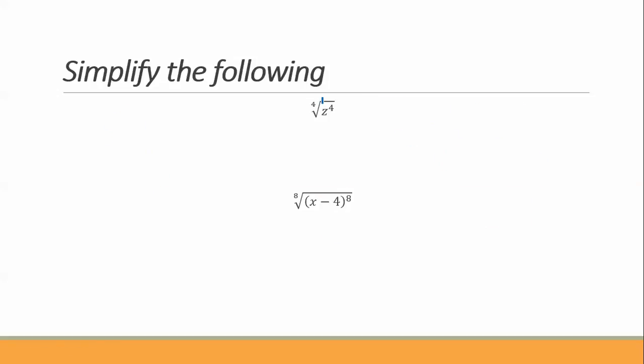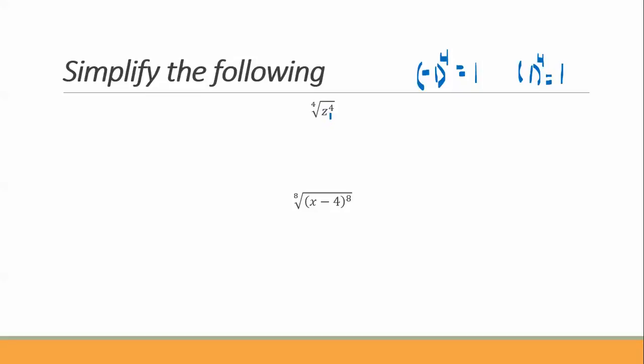But now we have the 4th root of z to the 4th. Remember that if we have -1 to the 4th, that's equal to +1. And +1 to the 4th is also equal to positive 1.